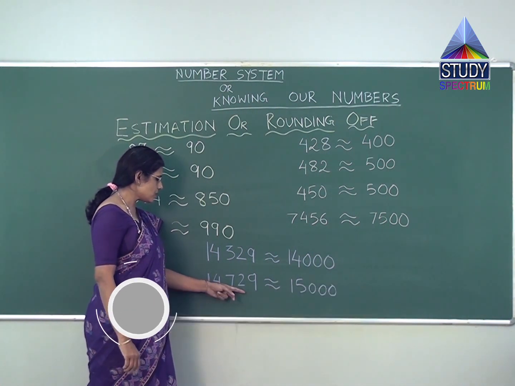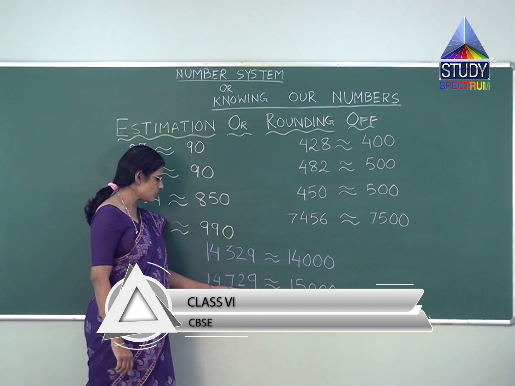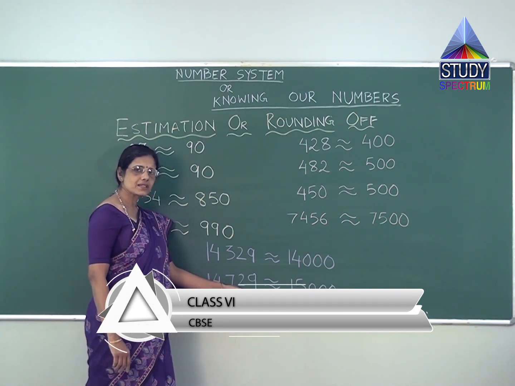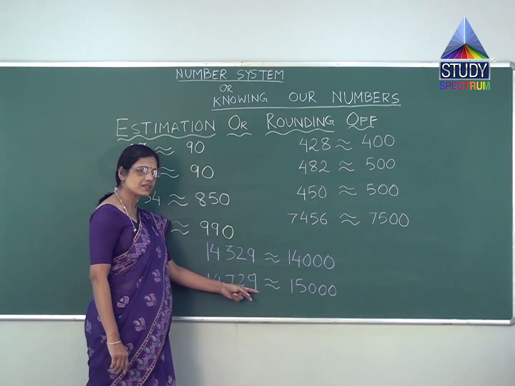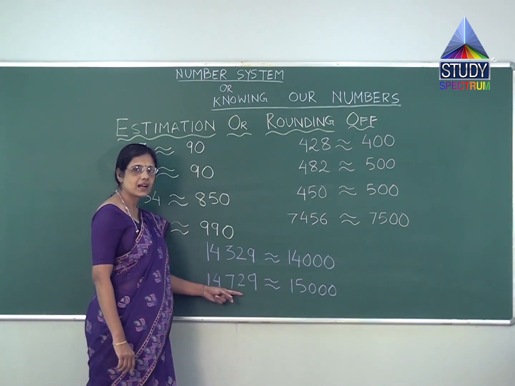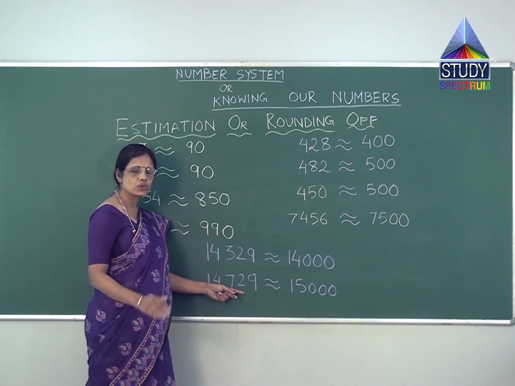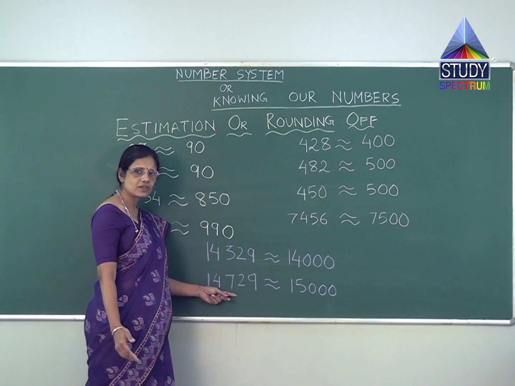If you want to convert this to the nearest 10, only the last digit matters, nothing special here, because it is 9 you have to change the 2 to 3. If you convert the same number to the nearest 100, I have to look at the tens place. The tens place is 2, less than 5, so nothing will change, 14,700.